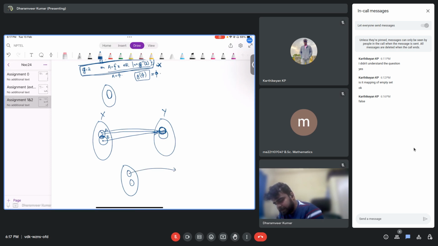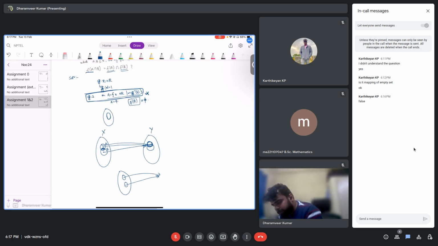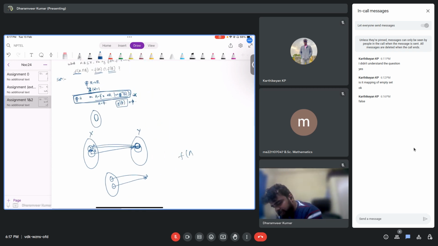And then they both could be, like one element could be the same. So f of A intersection B is phi, and f of A intersection f of B will at least contain them. So this will not be equal to phi.